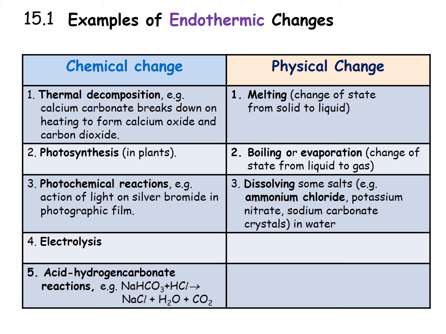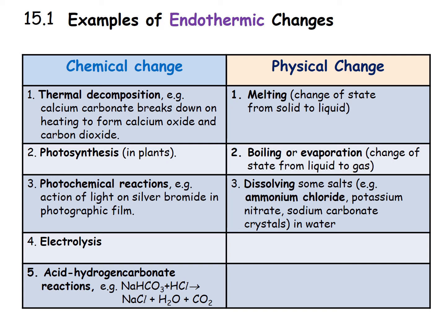So only when you heat the metal carbonate does it absorb enough energy and can then decompose. Another example is decomposition of silver salts or silver halides like silver chloride, silver bromide, and so on.